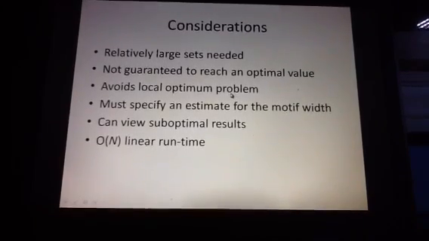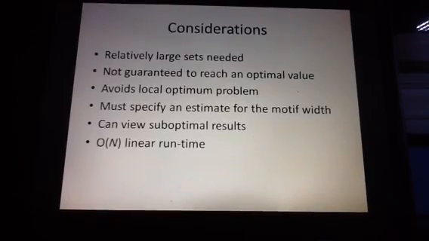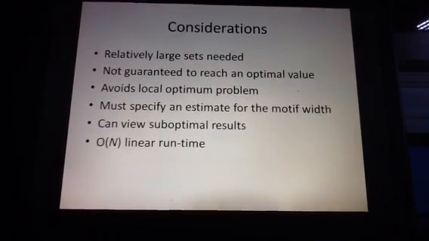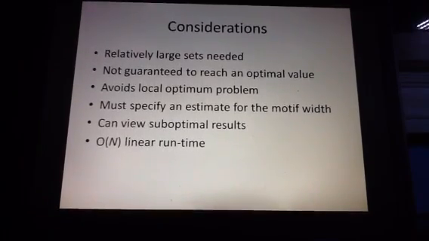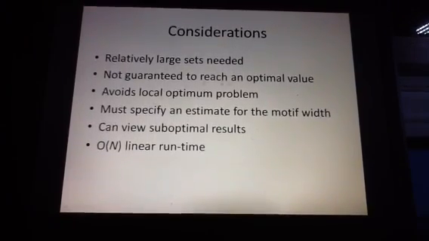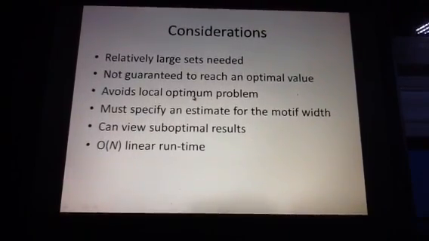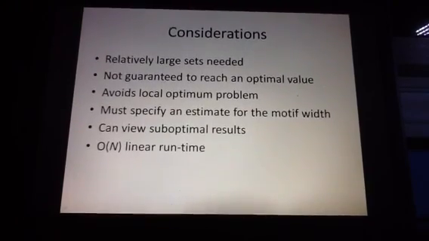local minima problems or complications. Because remember, if we don't sample randomly and we just sample the motif position with the highest probability, then there are chances that we may meet some local optimum or local minimum problems and get stuck there in the local minimum.